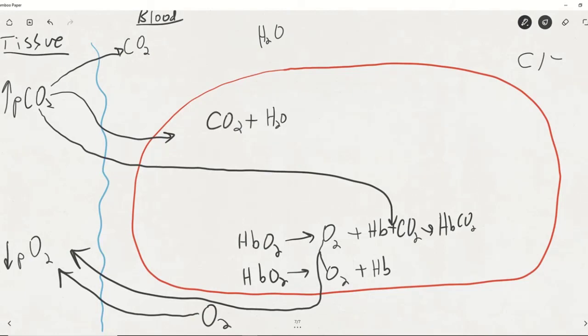Now here there's an enzyme called carbonic anhydrase. And like all enzymes, it causes a reaction to happen quicker than it would on its own, and it does it without being changed by the reaction.